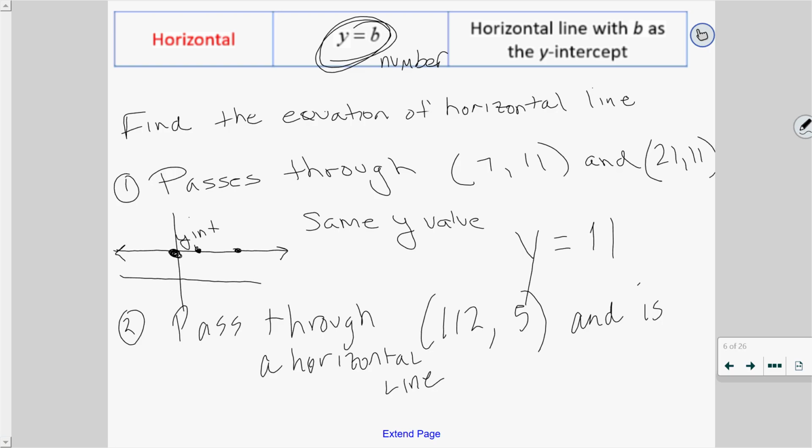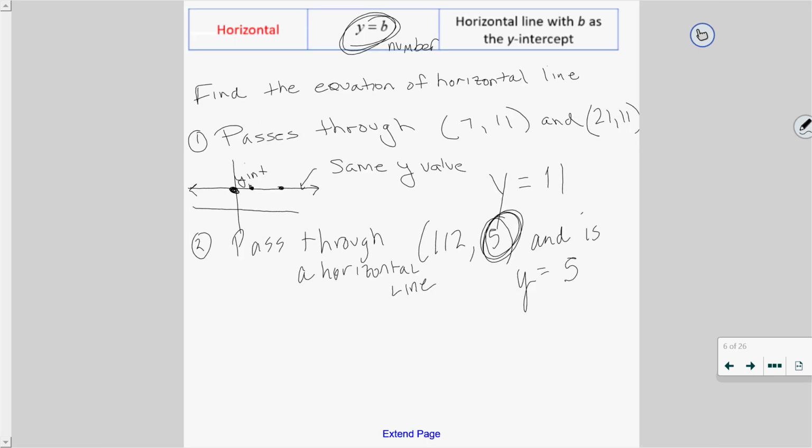I'm drawing a horizontal line. What axes is it going to pass through, X or Y? Doesn't a horizontal line pass through the Y-axis? So again, no work. All you have to do is go Y equals whatever the Y is. Y equals 5.